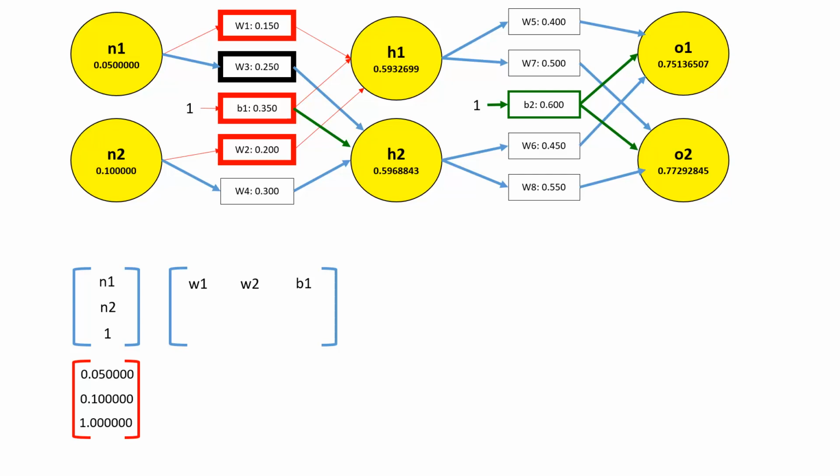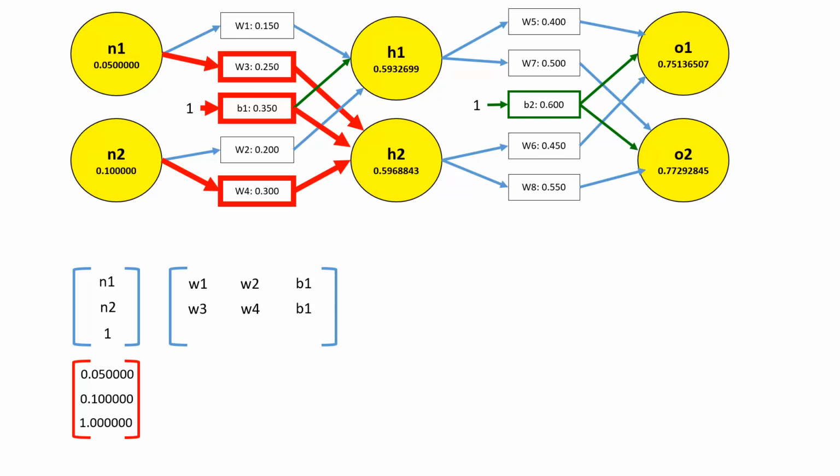If we take each of the weights in order, starting with our actual inputs first and then our bias value, we'll get the first row of what will be a 3-row matrix, W1, W2 and B1. So let's repeat this step for the second hidden layer neuron. As you can see, the input values for H2 are the same inputs for H1, and so our input vector doesn't need to change.